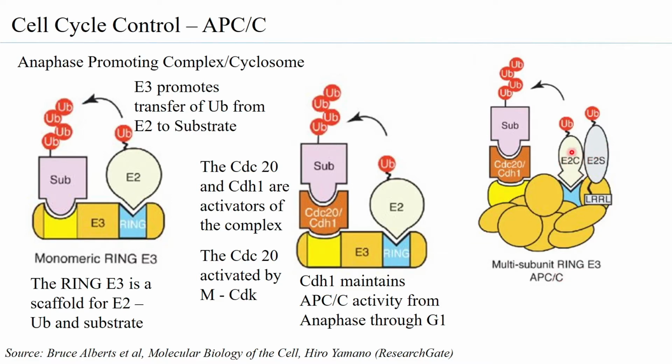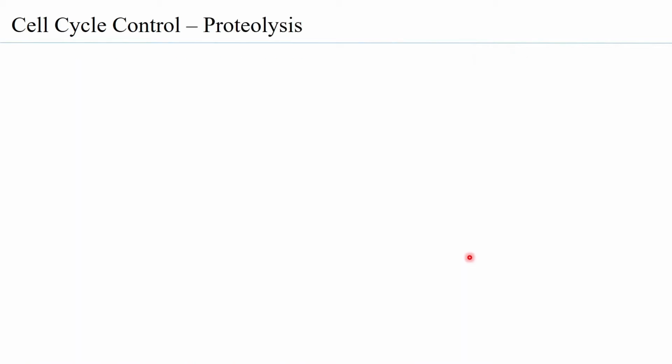And both these E2s are going to add the ubiquitin to the substrate. So eventually what the APCC does is that it ubiquitinates the substrate. There is another ubiquitin ligase complex which is called SCF, and this SCF is present during the G1 phase, and that also functions very similar to the anaphase promoting complex.